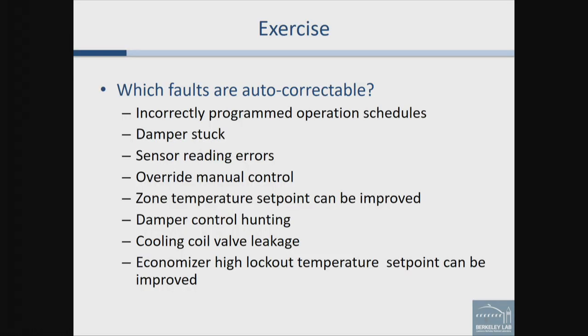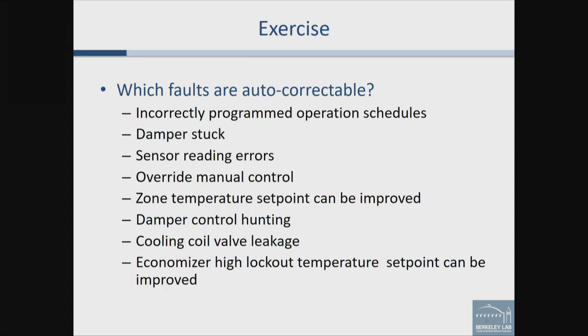Okay, I think we can finish here. So let's talk about it one by one. Yeah, most of you have already got the correct answer. Let's take those that are definitely not auto-correctable, like the damper stuck, like the coil valve leakage. So we know these are physical faults.